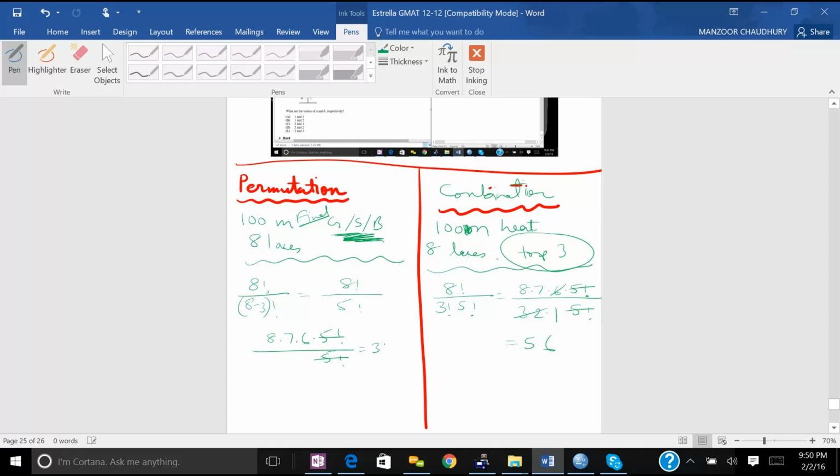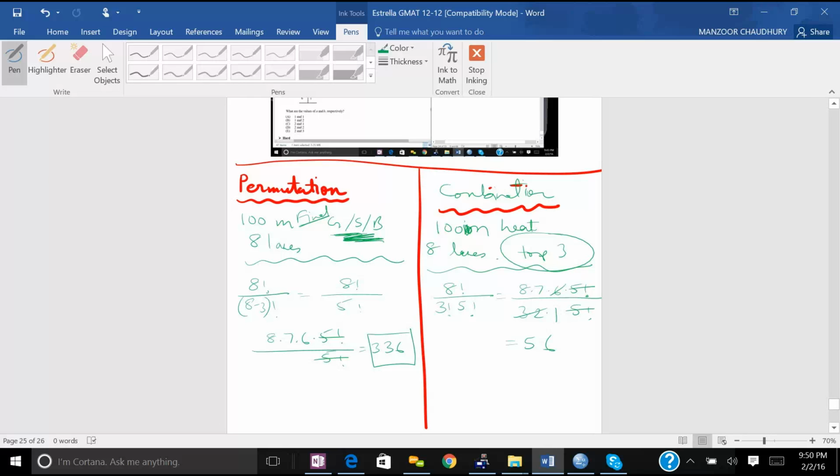That's 336, okay? So there are 336 ways you could have given gold, silver, and bronze, right? Okay. Got it. See the difference, right?